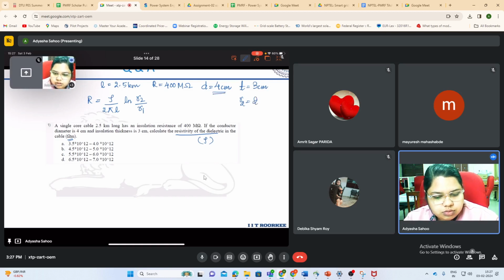So the radius is 2 plus the insulation thickness of 3, so total R2 becomes 5 cm, right? Now you know the value of R2, you know R1, you know L, you know R, so you can calculate rho, right?